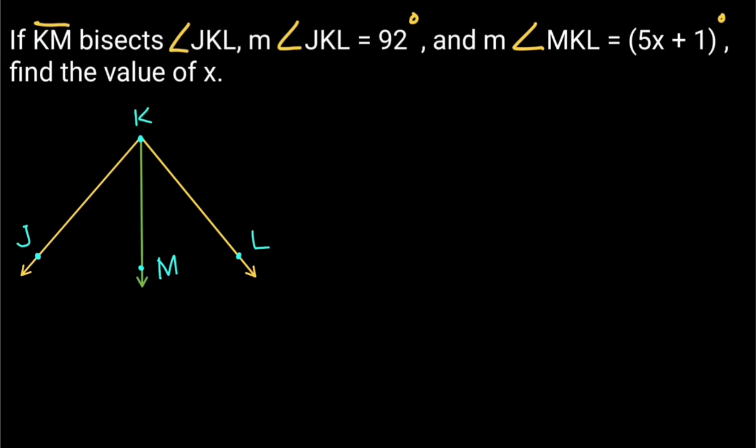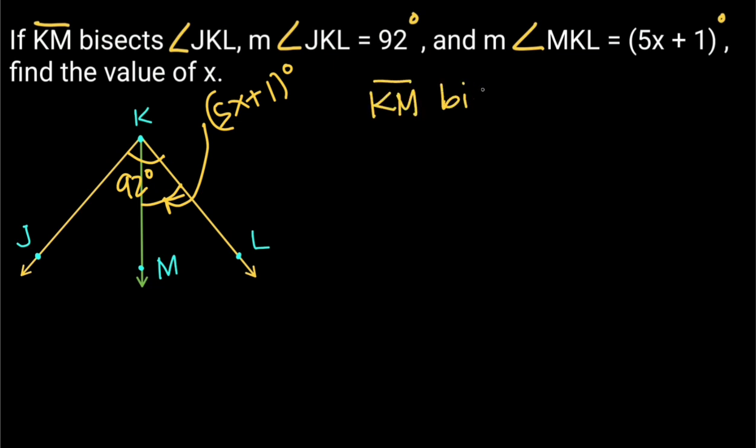If KM bisects angle JKL, and the measure of angle JKL, this one, is 92 degrees, and the measure of angle MKL, this one, is 5x plus 1, find the value of x. Alright, so it's given here that segment KM bisects angle JKL.